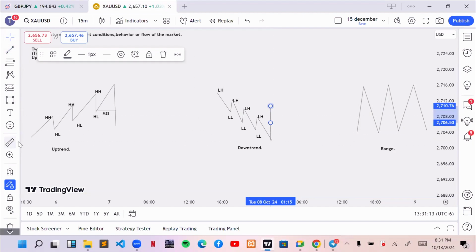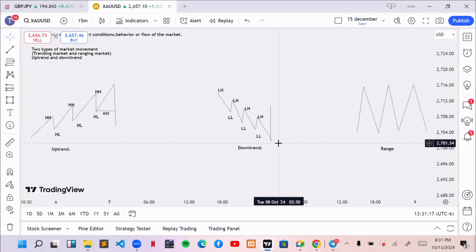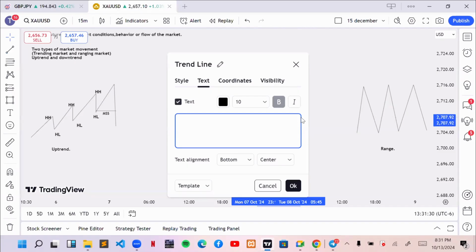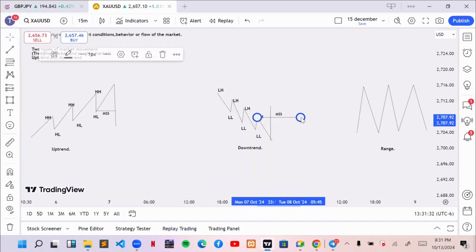So this is no longer a downtrend. There was a market structure shift here. The market could have made a lower high here, but it made a higher high. This is where your market structure shift is. I'll signify that with MSS as well.